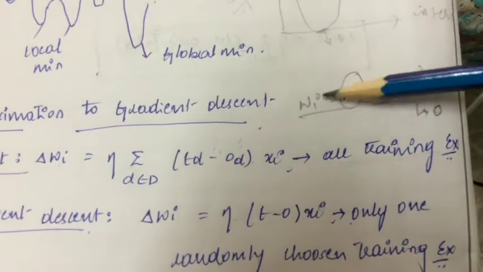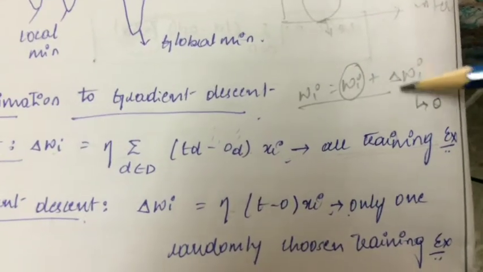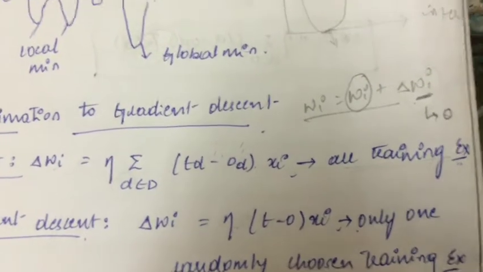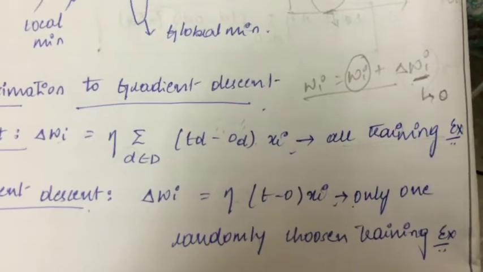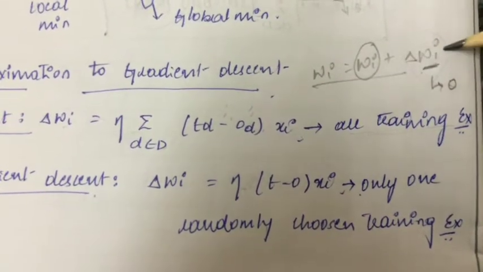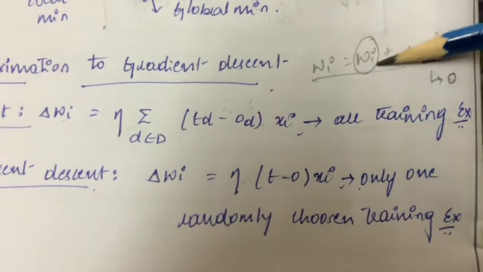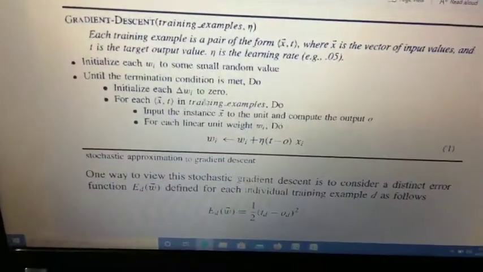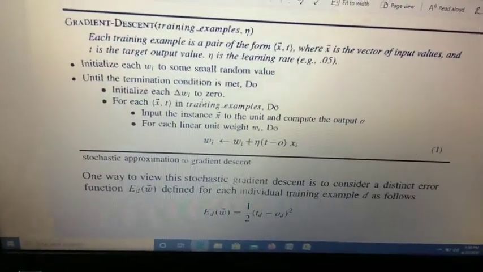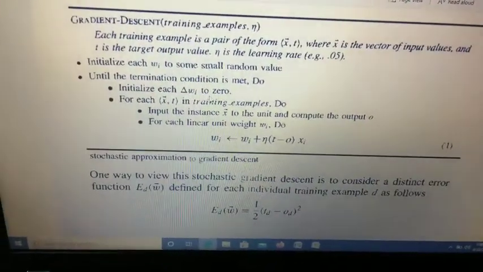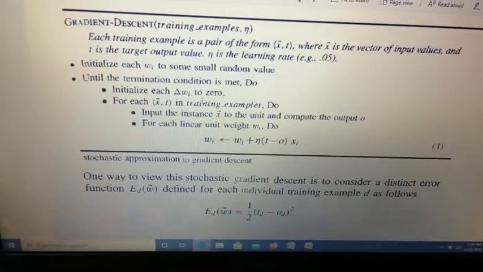As I told in the previous video, we have wi plus delta wi. So initially we have to keep this delta wi at 0 value, and wi we take some random value. The same thing is explained here: until the termination condition is met, initialize delta wi to 0.